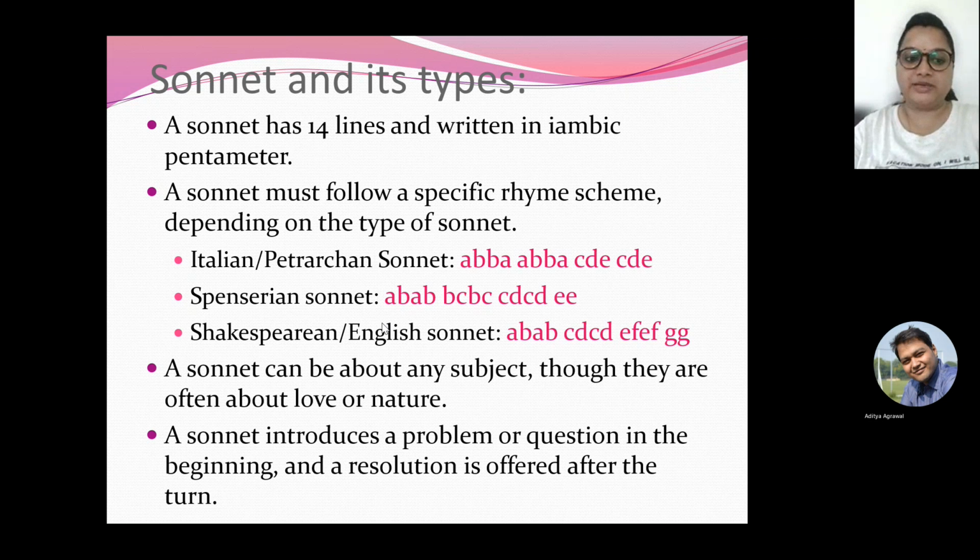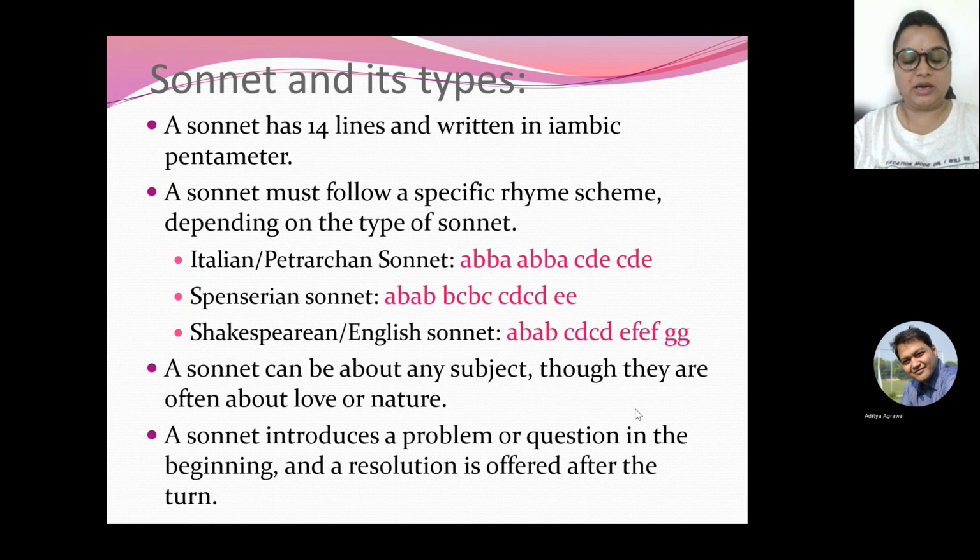The next point is that a sonnet must follow a specific rhyme scheme depending on the type of the sonnet, because there are various types of sonnets and every sonnet has a separate and identical rhyme scheme. So the first type of sonnet is the Italian or Petrarchan sonnet, in which we have the rhyme scheme A B B A A B B A C D E C D E. Okay, and it has an octave and sestet.